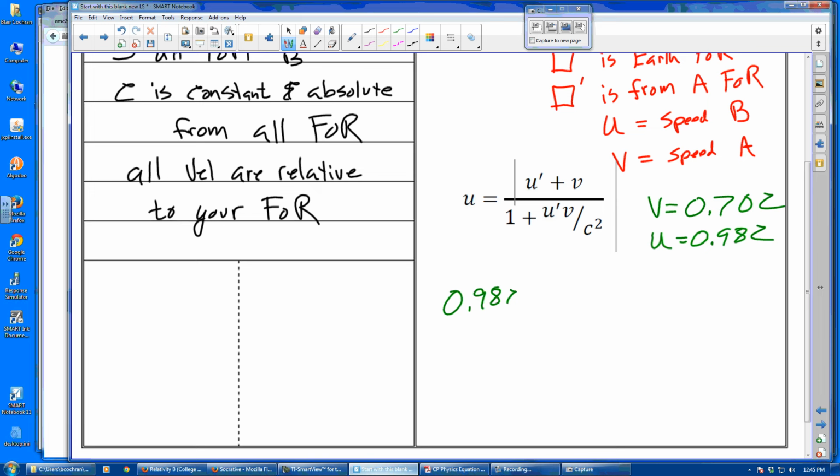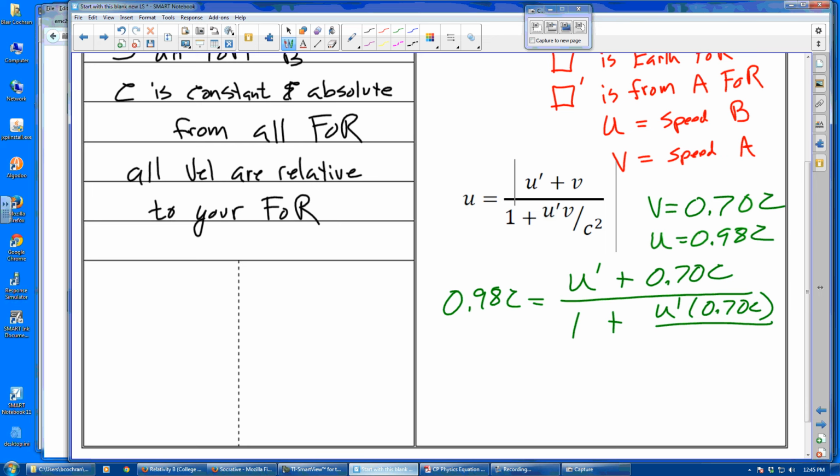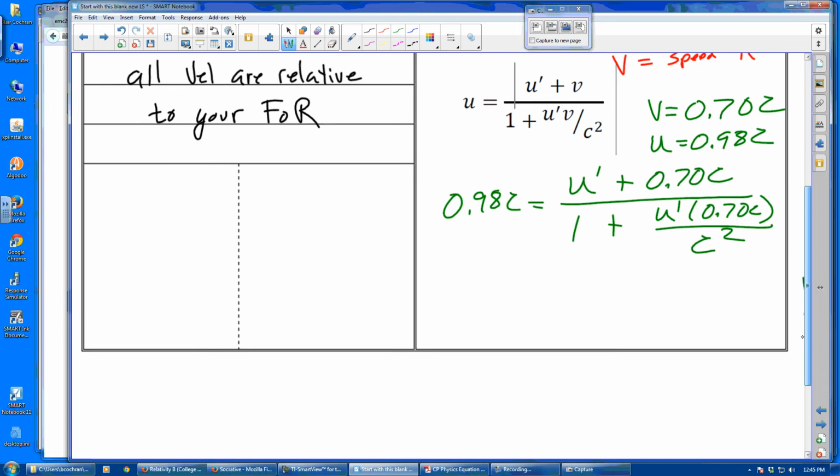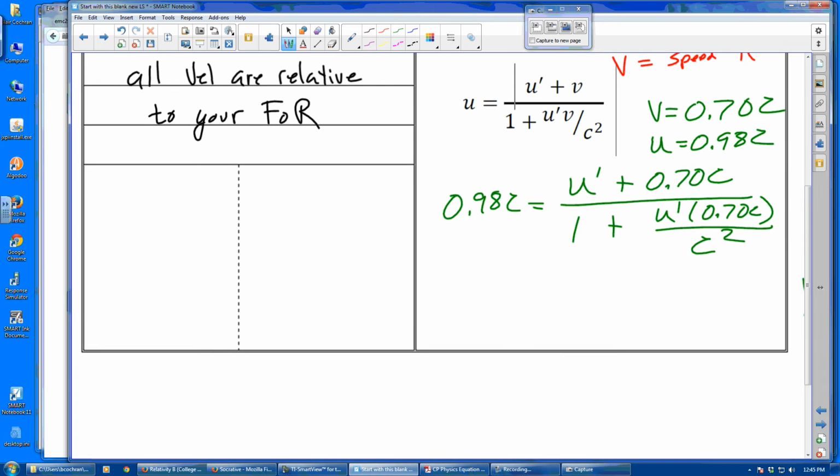So, 0.98 C equals U prime plus 0.70 C, all over 1 plus U prime times 0.70 C all over C squared. I can't get rid of the C's because they're added.